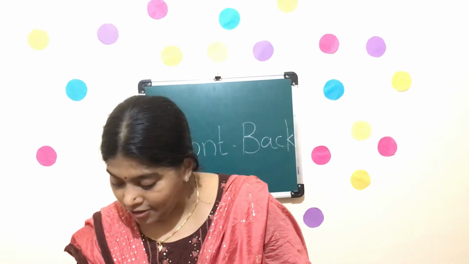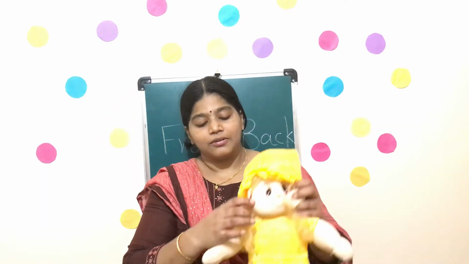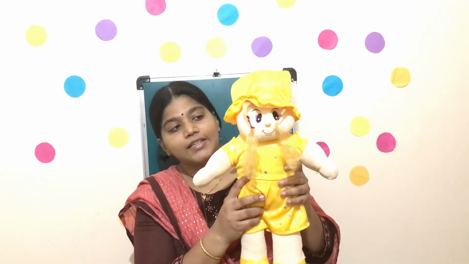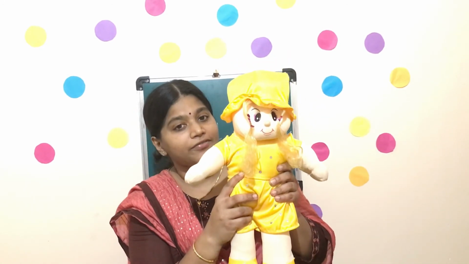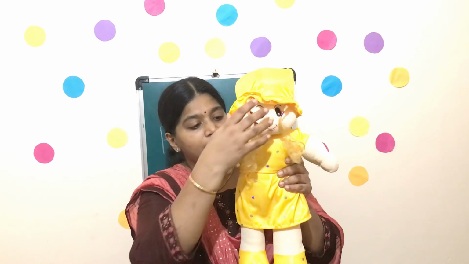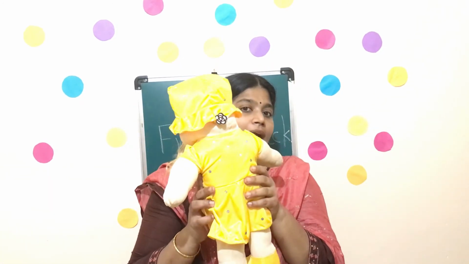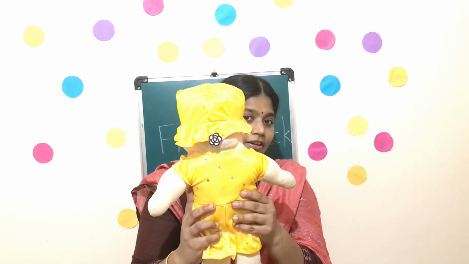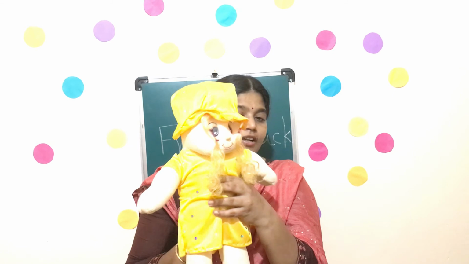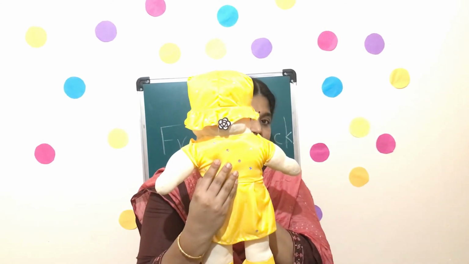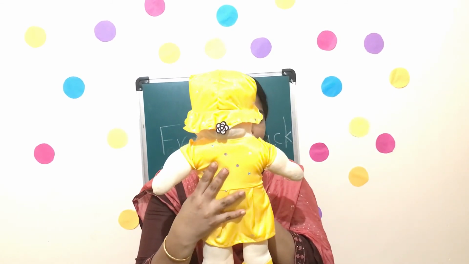Now I will show you one doll. Okay, look at this doll. So, this is front side of the doll, right? This is front side of the doll and this is back side of the doll, right? Front side of the doll and back side of the doll.